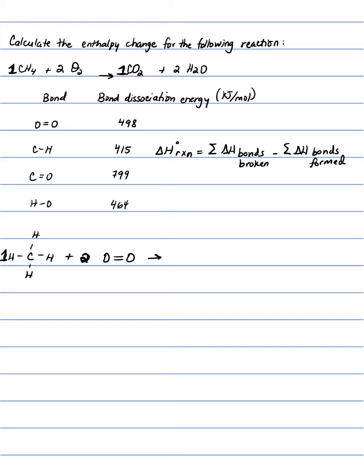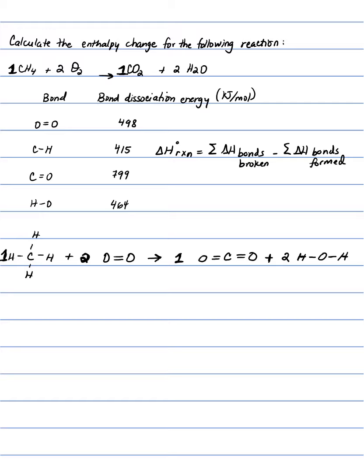And then I have a coefficient of 1 for CO2, and CO2 looks like that. And then I have a coefficient of 2 for water, and that looks like this. Okay, so let's start counting the chemical bonds that we have.